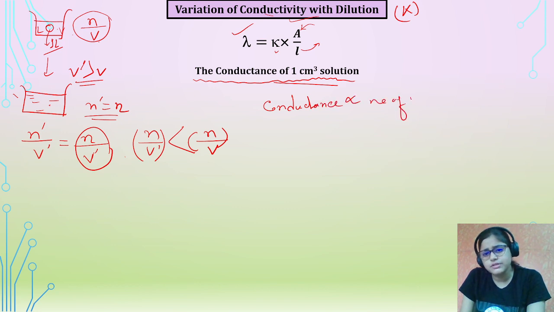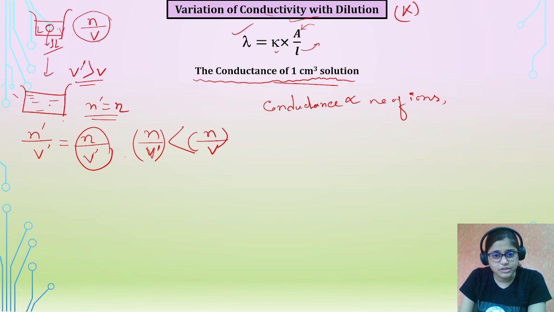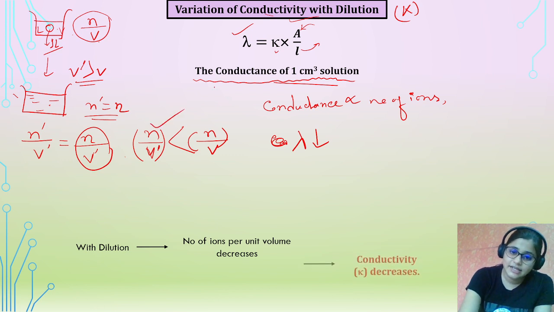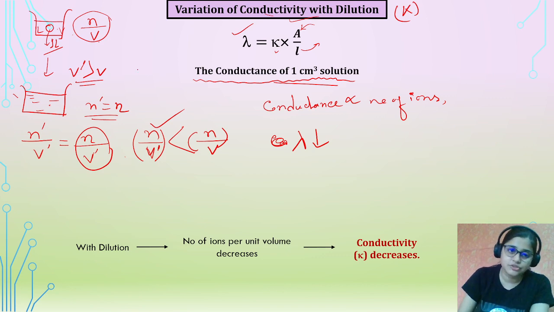Increasing the amount of ions will increase the conductance. So here the number of ions actually decreases after dilution, so the conductance value will decrease, right? So with dilution, the number of ions per unit volume decreases, the N by V dash decreases, and conductivity decreases. Fine. I hope you have understood by seeing these two examples.